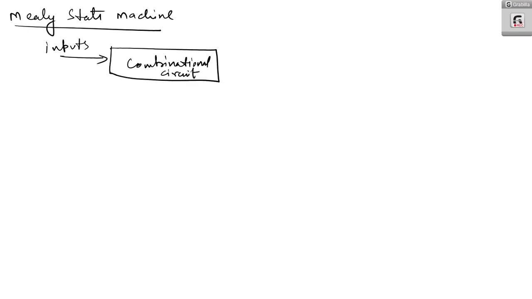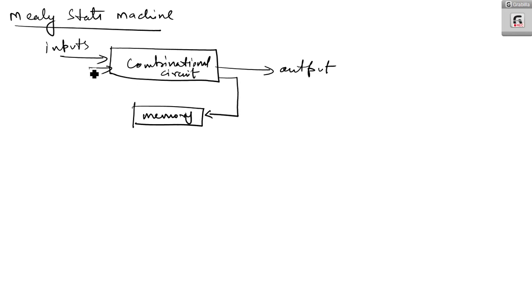If some inputs are given to the combinational circuit, it will produce outputs. And there is a memory part in that. Here there is a memory. That gives a sequential part. So generally any state machine is a combination of a combinational circuit and a memory part.